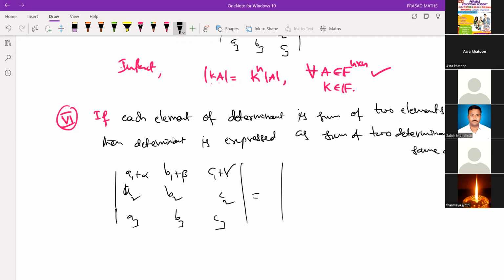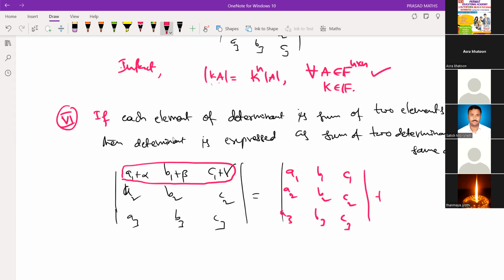Look at the first row. What you observe is each element is the sum of two elements. Therefore, this can be expressed as the determinant a1 b1 c1, a2 b2 c2, a3 b3 c3 plus the determinant alpha beta gamma, a2 b2 c2, a3 b3 c3.